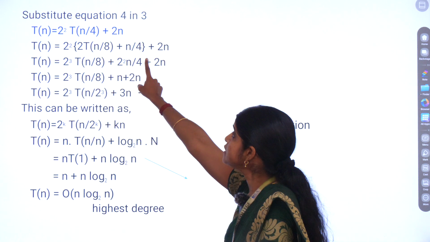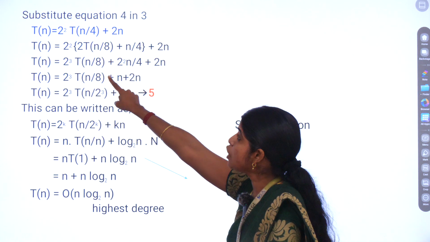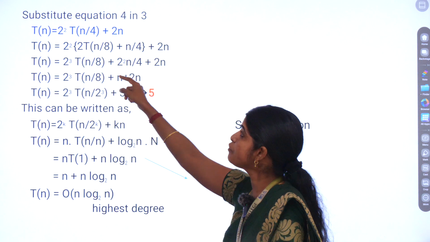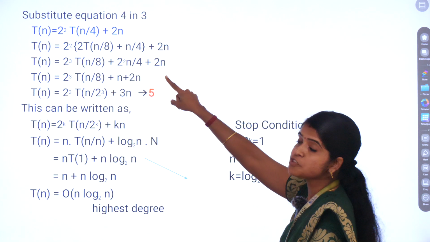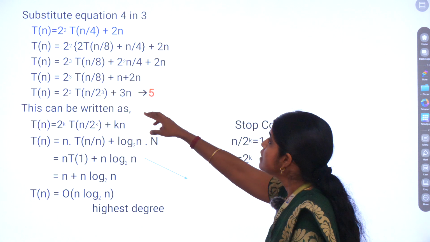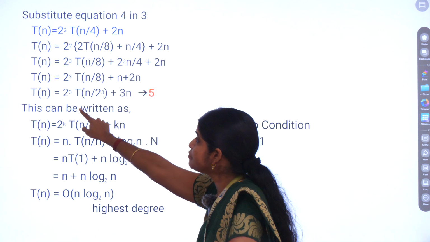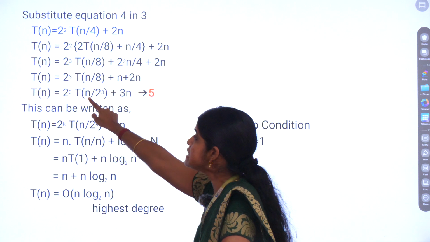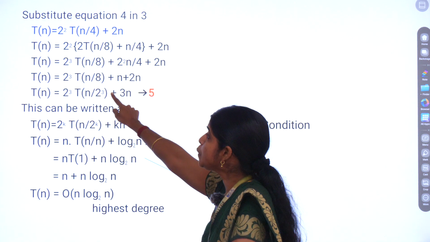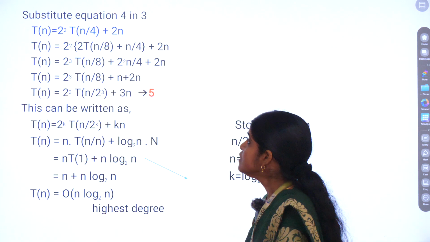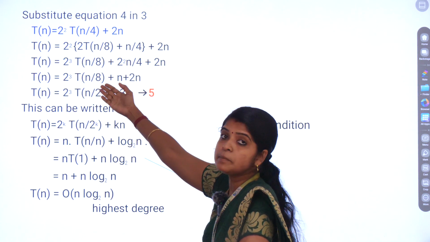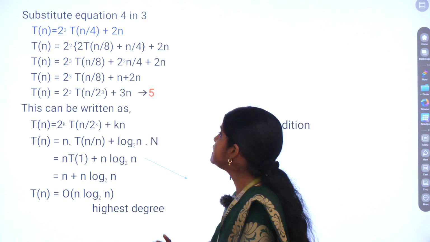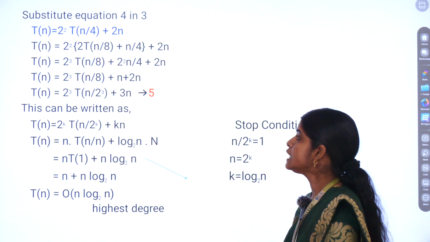So equation 3 is nothing but T of n is equal to 2 square T of n by 4 plus 2n. So we want to substitute the equation 4 in equation 1. So here we will get the final answer as 2 power 3 T of n by 2 cube plus 3n. So here 2 cube is nothing but our 8. So 8 will be written as 2 power 3. So this is our equation 5.